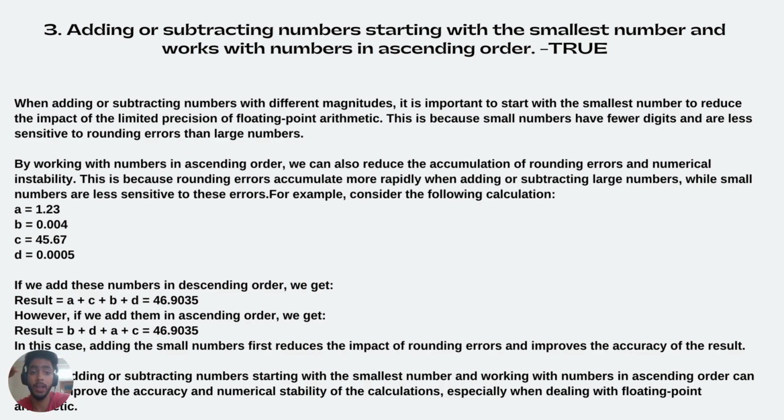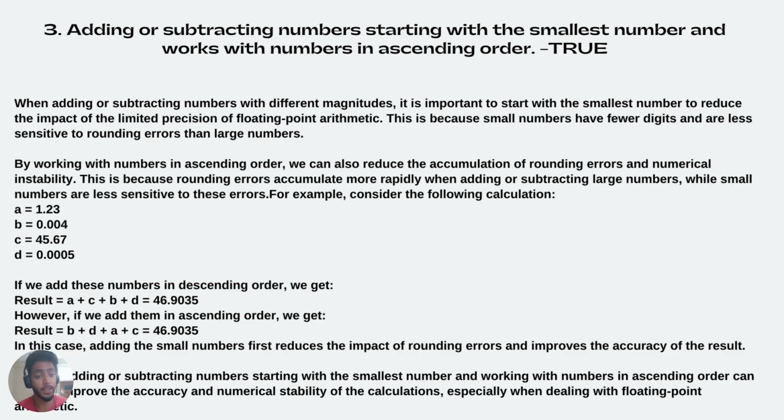This is because rounding errors can accumulate more rapidly when adding or subtracting large numbers, while small numbers are less sensitive to these errors. For example, let's say we have these numbers: A is 1.23, B is 0.04, C is 45.67, D is 0.0005. If we add these numbers in descending order, we get 46.9035.